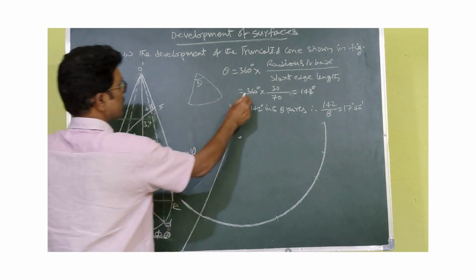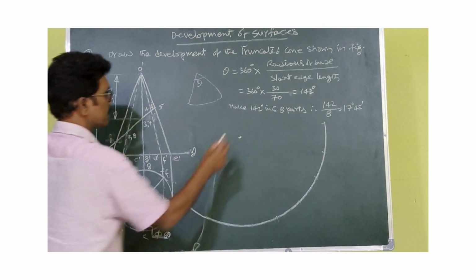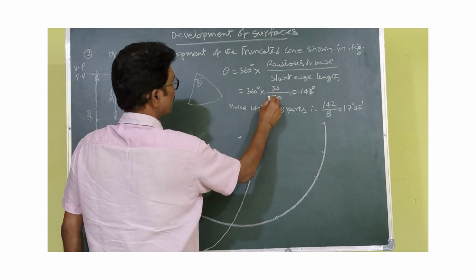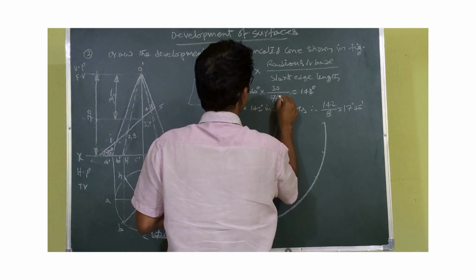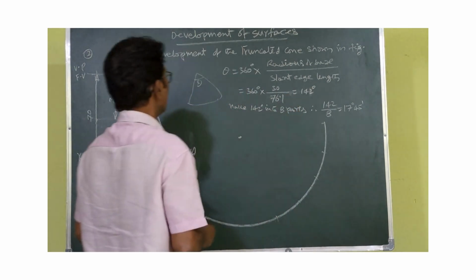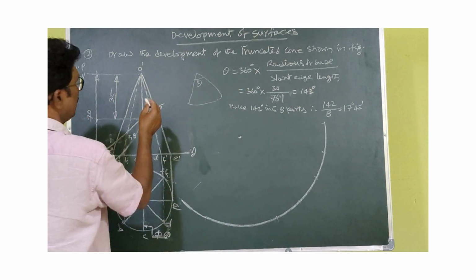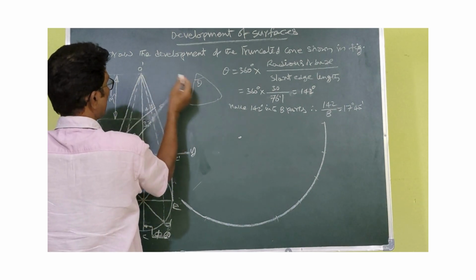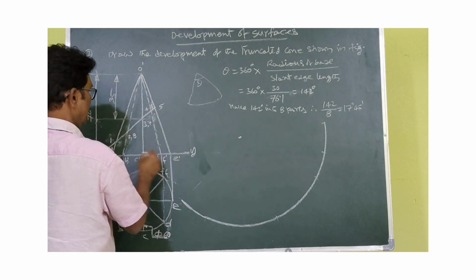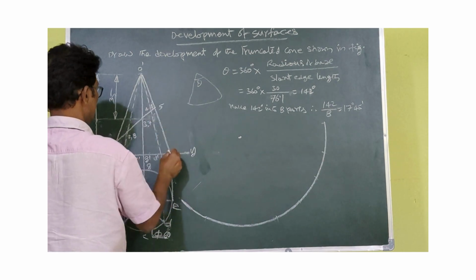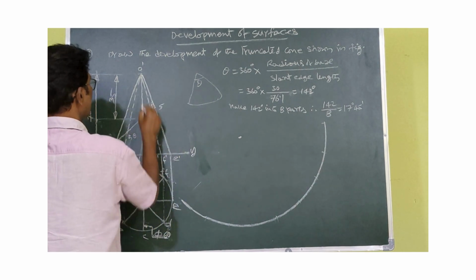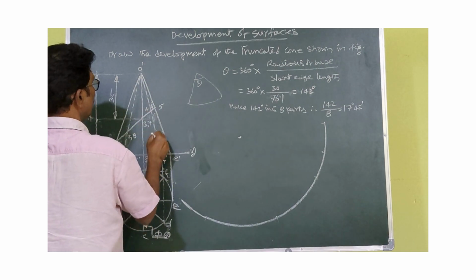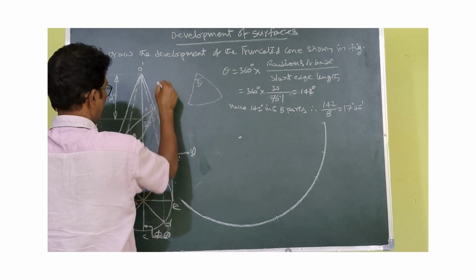So 360 into base, the diameter is 60, therefore radius equals 30. Slant edge equals 76.1. If we take the Pythagoras theorem, from that we can calculate the slant edge, because you know the radius is 30 and the height is 70.